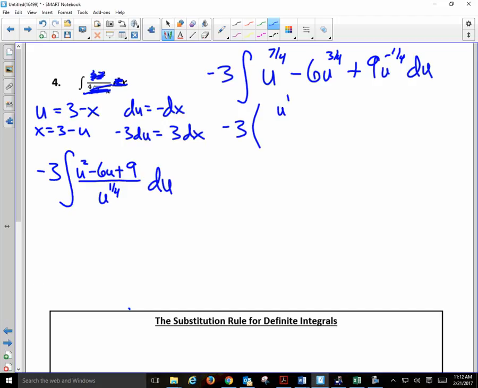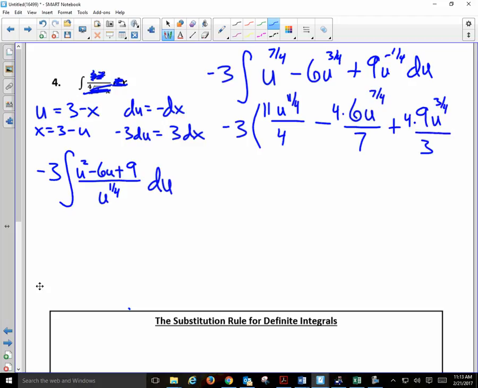U to the 11/4 divided by 11/4, or multiplied by 4/11, minus 6u to the 7/4 divided by 7/4, or multiplied by 4/7, plus 9u to the 3/4 divided by 3/4 and multiplied by 4/3, plus c.